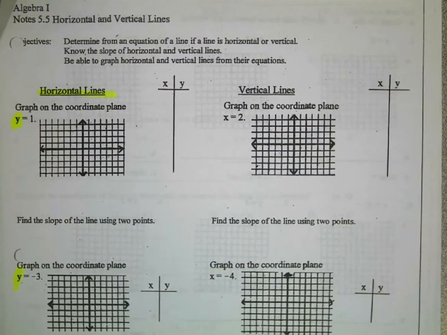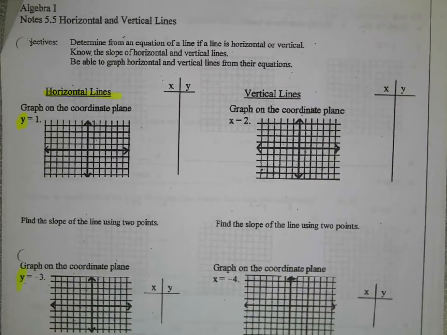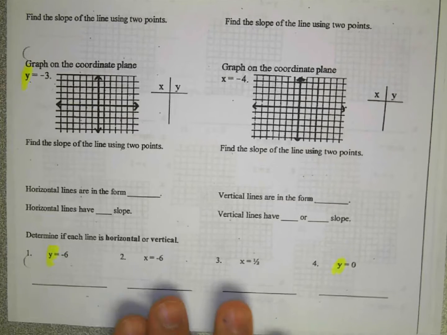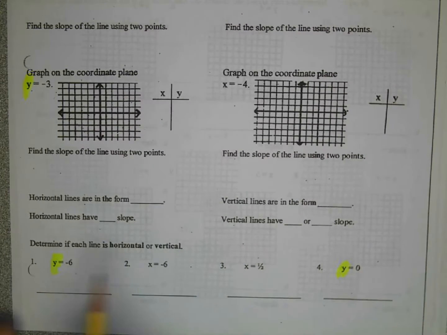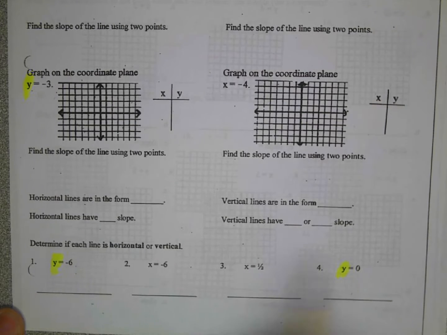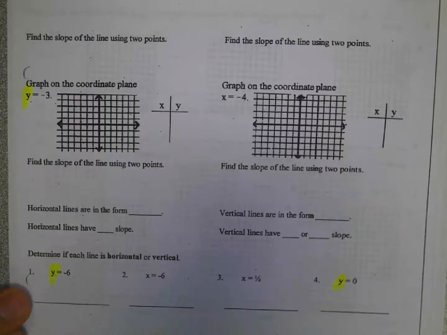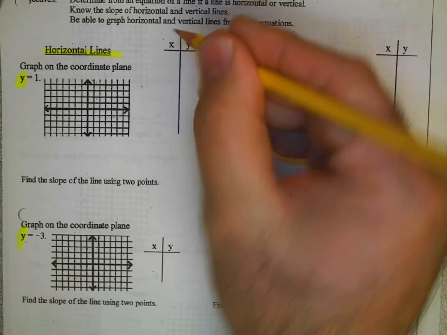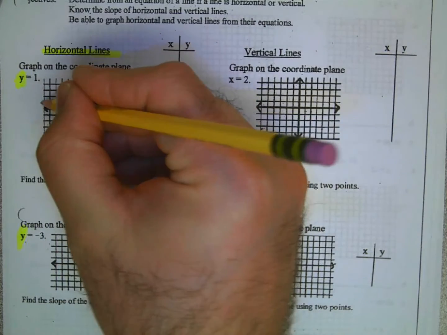All right, so if you look here, anytime you have a y equals, that's a horizontal line. Even on the bottom of the sheet here, number 1 and number 4 are both y equals. So anytime y equals a number, and there's no x, it's just y equals a number, that's a horizontal line going through the y-axis.